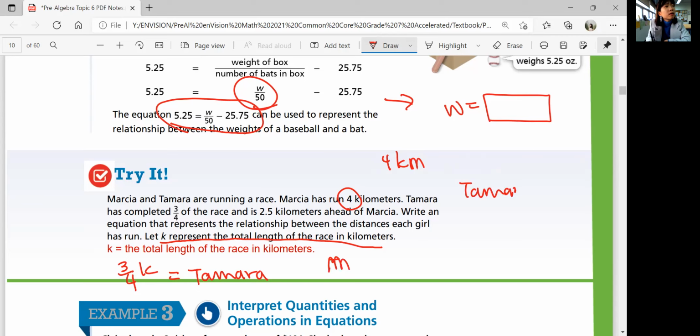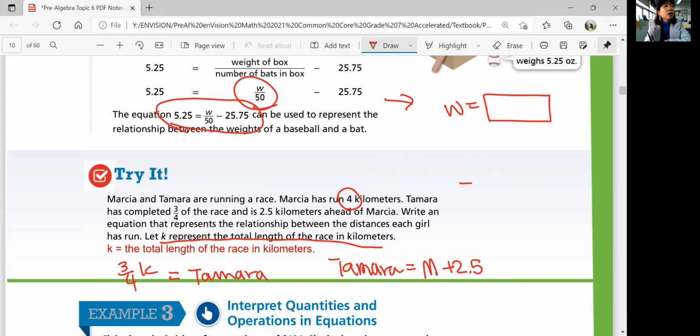And wait, Marsha, how do we connect them? So Tamara is 2.5 kilometers ahead of Marsha. So Marsha plus 2.5 is Tamara.